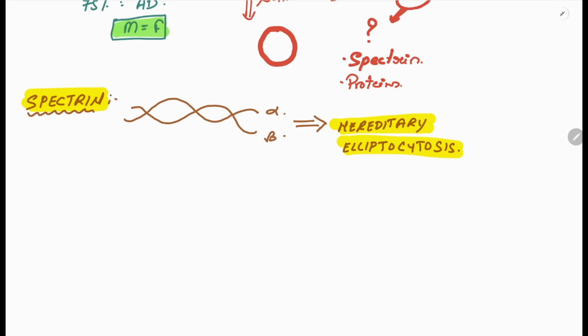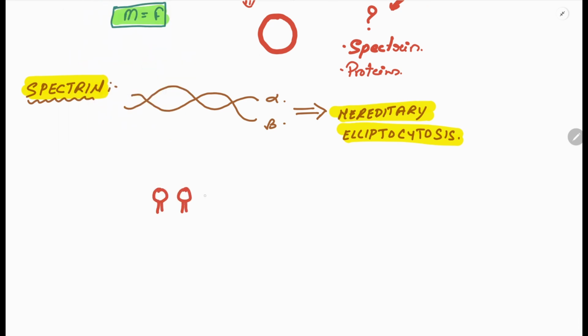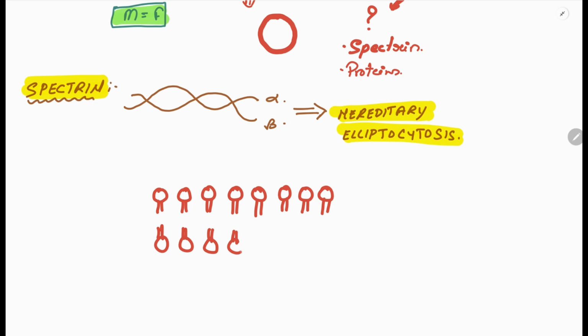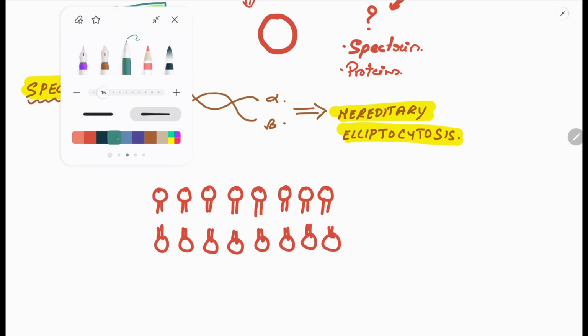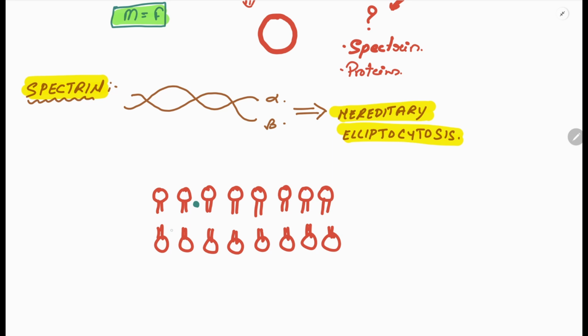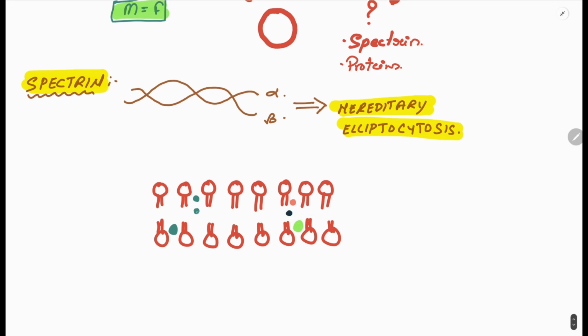And next one is the RBC membrane. In this membrane, there are some proteins. So let me draw the proteins. So this is the RBC membrane.